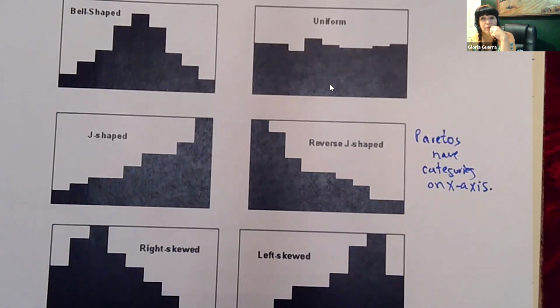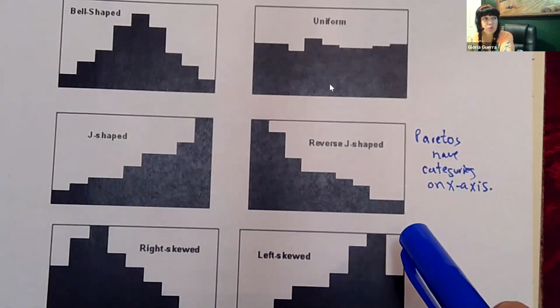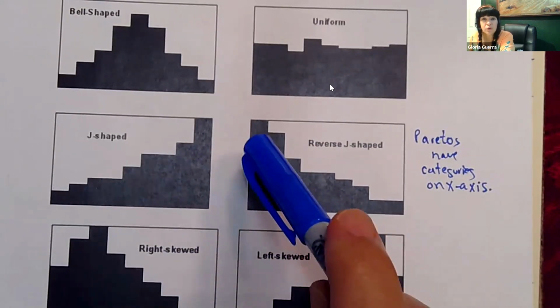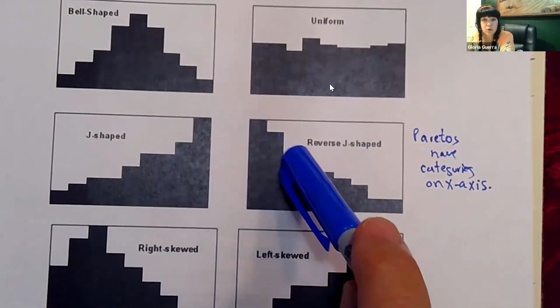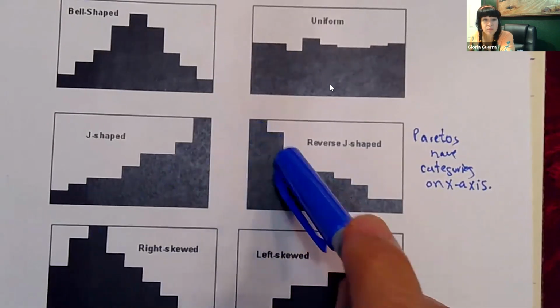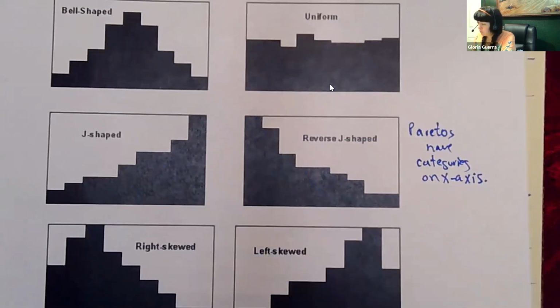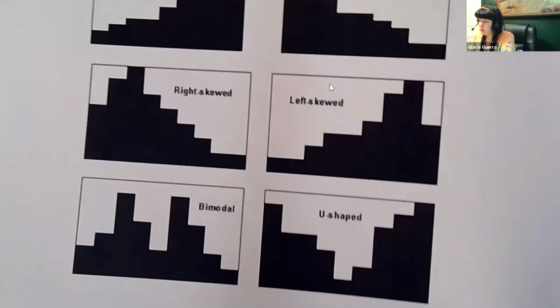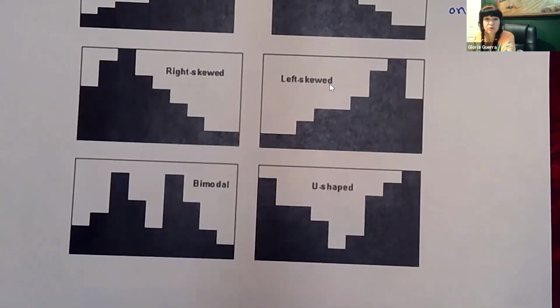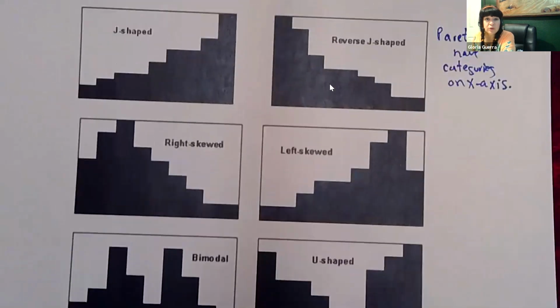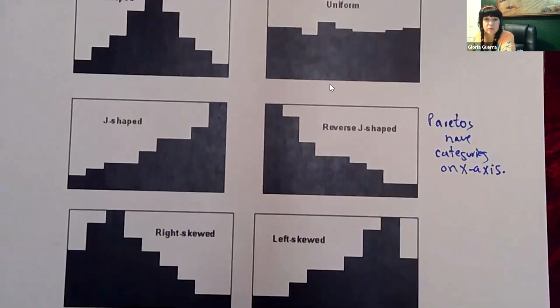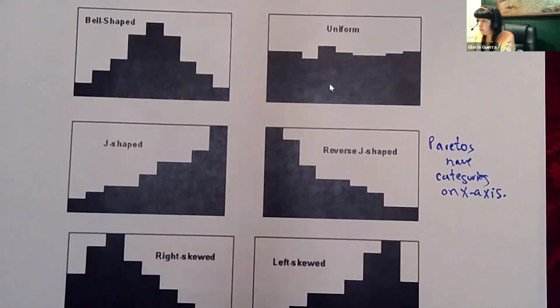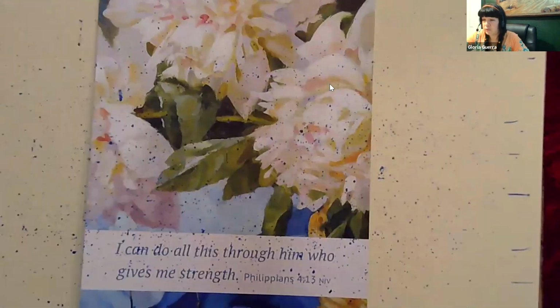Okay, but we'll see more of that in 2.3. But that is a reverse J-shaped, oftentimes called a Pareto. Okay, and then there are other shapes of distributions. They're not as common as the left skewed, right skewed, and bell shaped though. But those are things to familiarize yourself with.